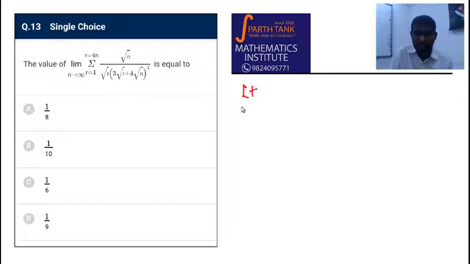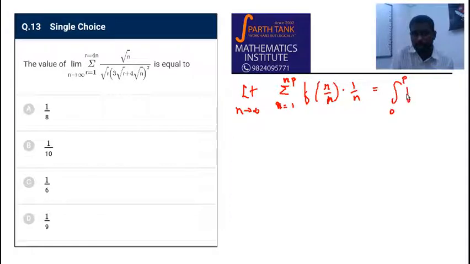You know, limit n tends to infinity, summation r equal to 1 to n times p, f of r by n into 1 by n can readily be converted to integral 0 to p f of x dx, right?